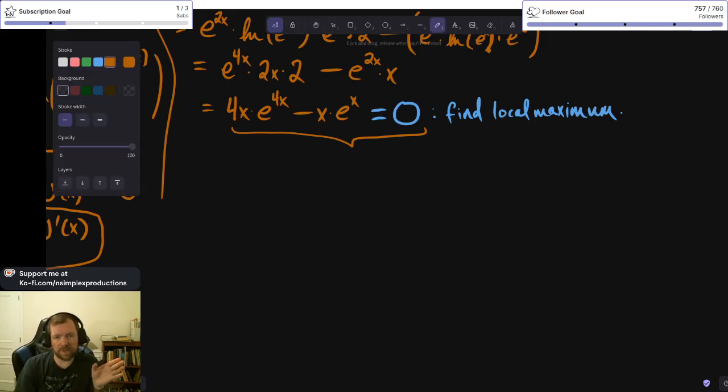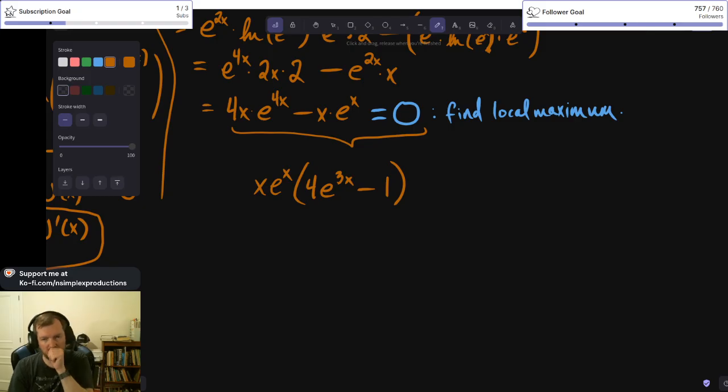We can pull out only a single e to the x and an x. And then left over is going to be 4 e to the 3x minus 1 is equal to 0. And now we could do the zero product property, just like we did in Algebra 1. If we have two things that are multiplied together, and their product is equal to 0, then either of those things has to be 0.